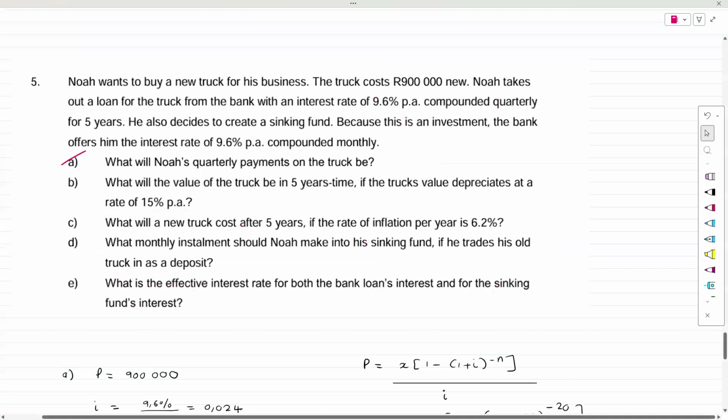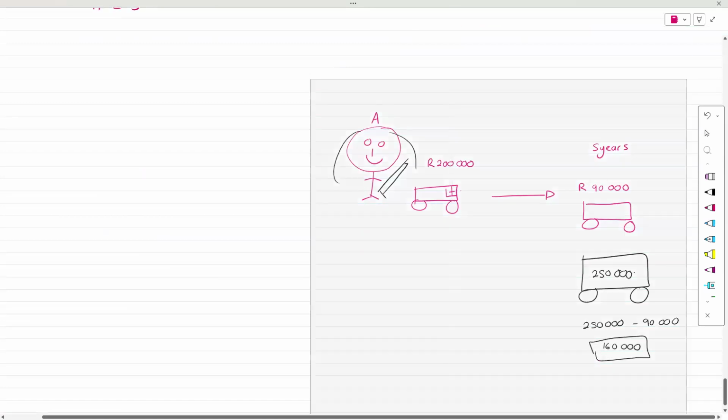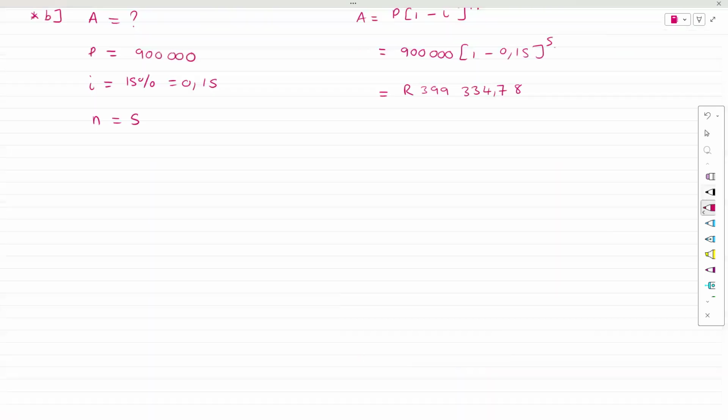So now, what will the new truck cost after 5 years if the rate of inflation is 6.2%? Guys, this is the same thing. Let me take out the sugarcane parcel. The rate of the inflation is A P I N, right? So P, the new truck, is 900,000. I, the interest, is 0.062 because it's 6.2%.